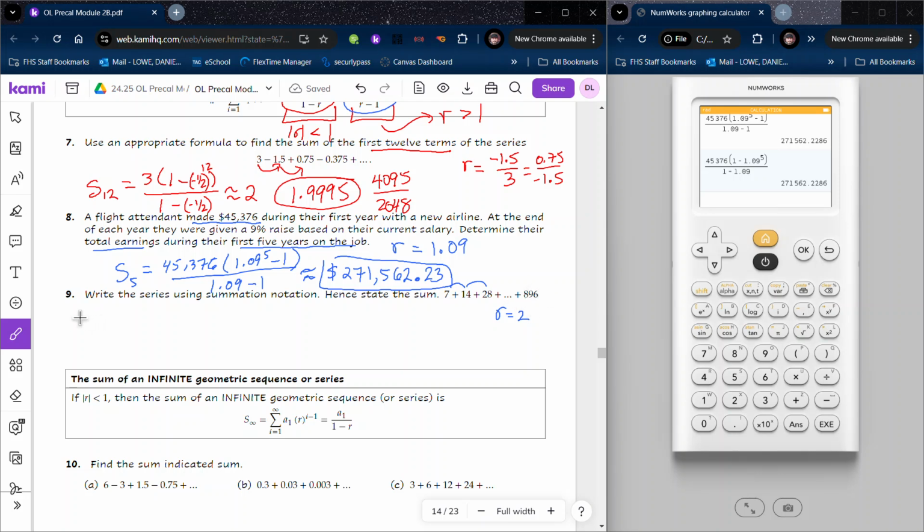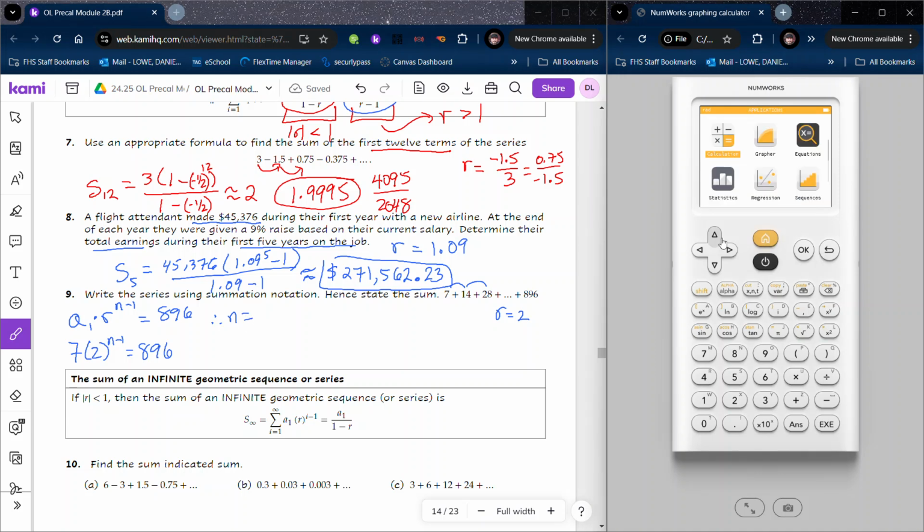Well, I know that a sub 1 times r to the n minus 1 has to equal 896. So that means that 7, that first term, times 2 to the n minus 1 needs to equal 896. So what's going to be my value for n? One way I can do it is come to my equation solver.